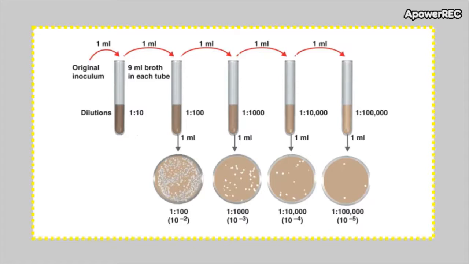And if we were to count the number of dilutions, we have 1 dilution, 2 dilutions, 3, 4, 5. There were 5 total dilutions. So it was 1 to 10 times 1 to 10 times 1 to 10 times 1 to 10 times 1 to 10, which equals a 1 to 100,000 dilution. That becomes our dilution factor, which we multiply by the number of cells here in order to arrive at our estimated original concentration of cells.